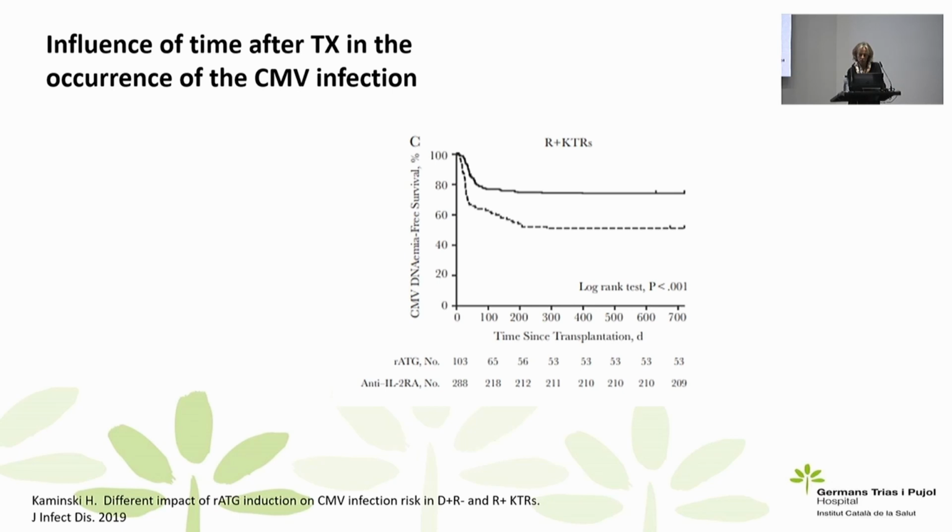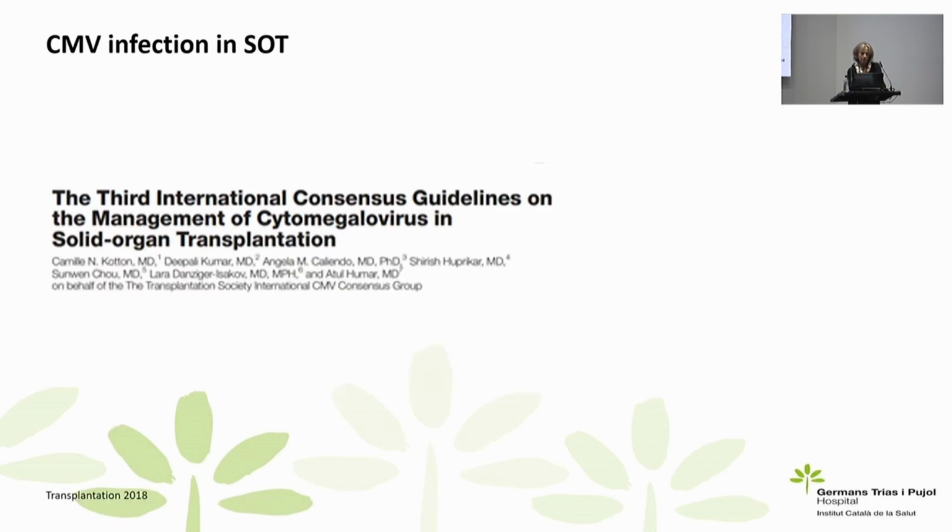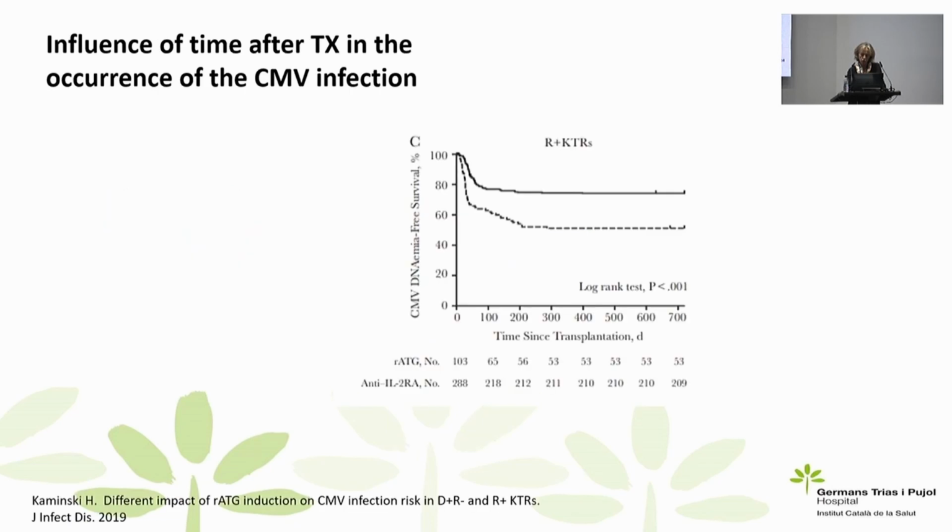But in the ATG group, you have many more cases for a much longer period of time, going up to day 200. And that's because the patients that receive a depleting agent need much more time to reconstitute their own immunity.